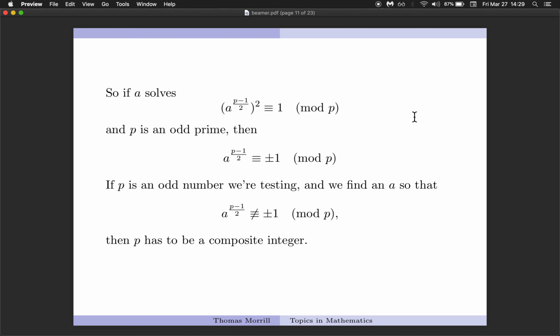So I've been talking about raising a to a power, getting back to 1 mod p. If a to the (p take 1) divided by 2 power is a solution of x squared congruent to 1 mod p, and p is an odd prime, well then the stuff in parentheses, squared, gives me 1 mod p. So it must be that the stuff in parentheses is either plus or minus 1 mod p.